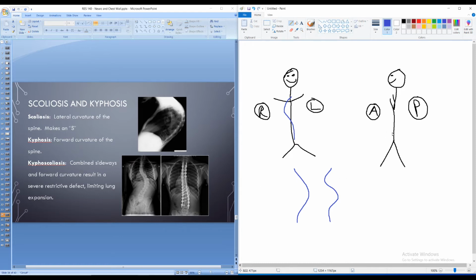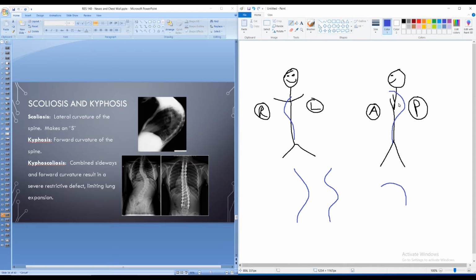Kyphosis. So we're looking at forward curvature of the spine. So instead of this patient's spine holding them nice and upright, what we're going to see is that spine going like this. Them curving forward, essentially them leaning towards the anterior. So even though the patient would be leaning towards the anterior, the curve that makes them lean towards the anterior is a posterior curve, and that gets kind of confusing to understand at first.